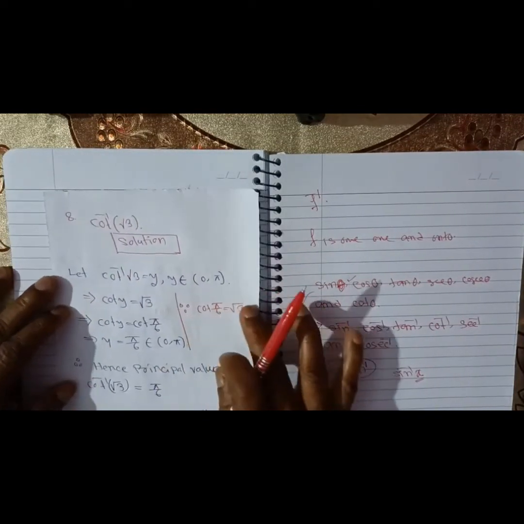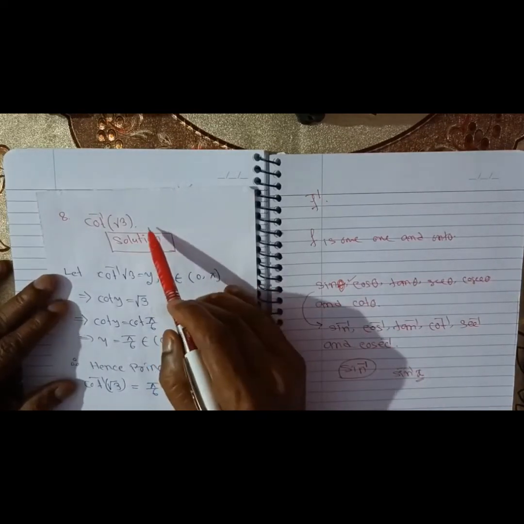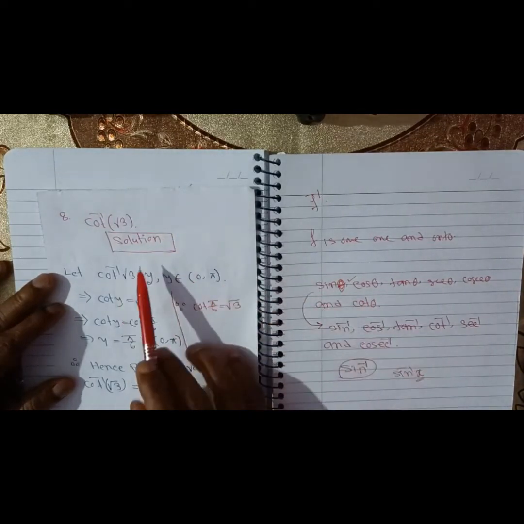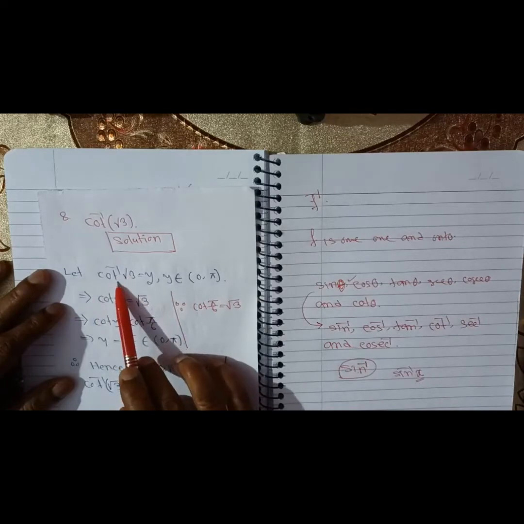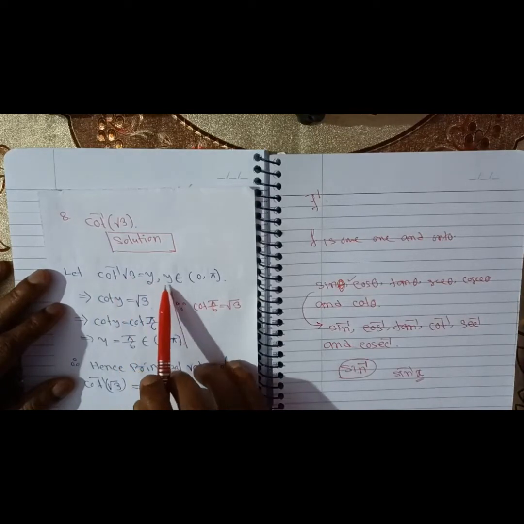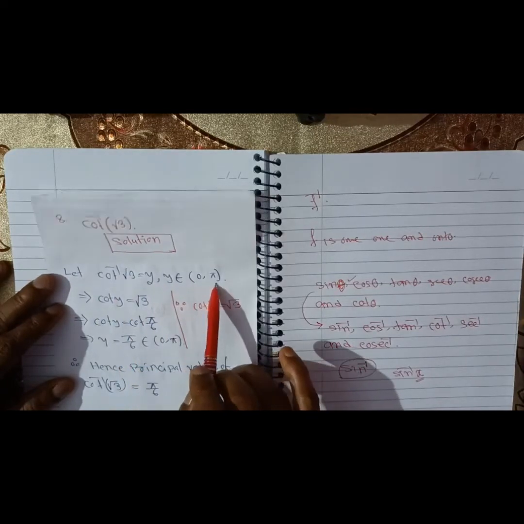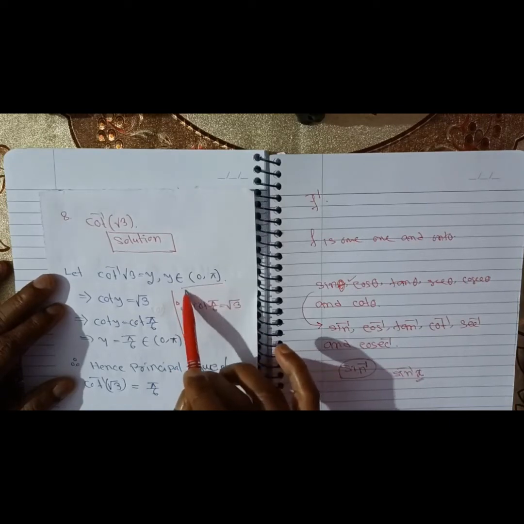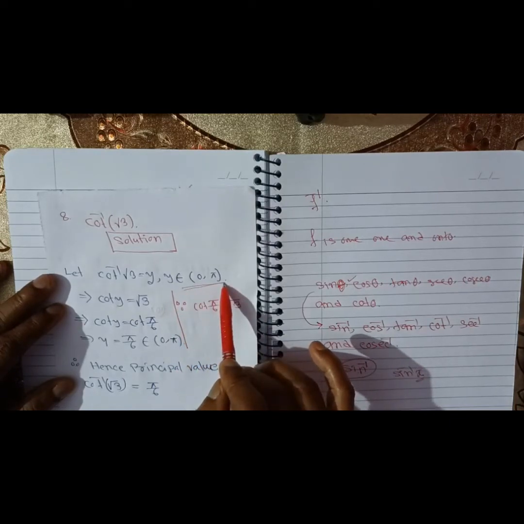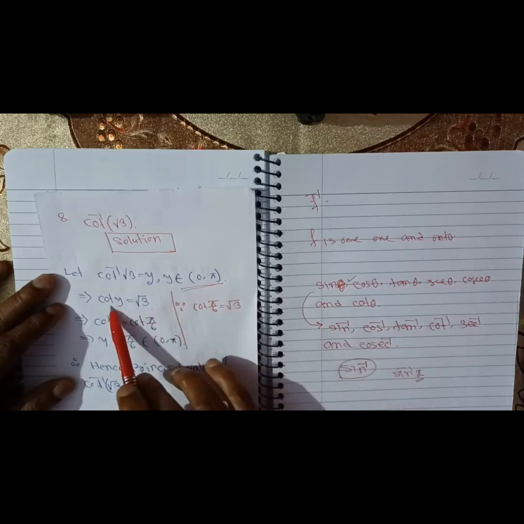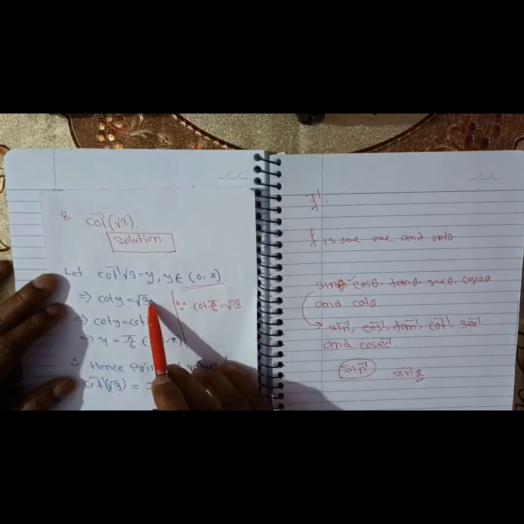Question number 8, cot inverse root 3. Solutions, let cot inverse root 3 equal to y, where y belongs to 0 to pi. This comes from the range of cot inverse. This implies cot y is equal to root 3.